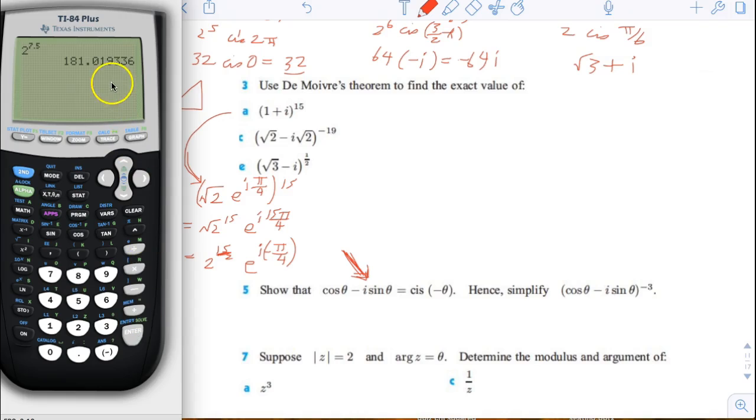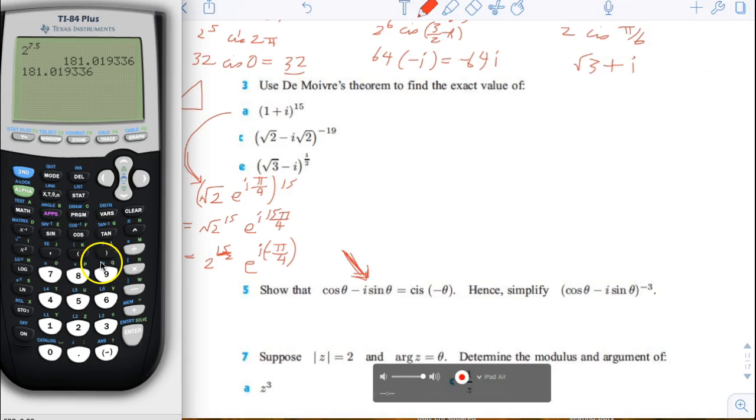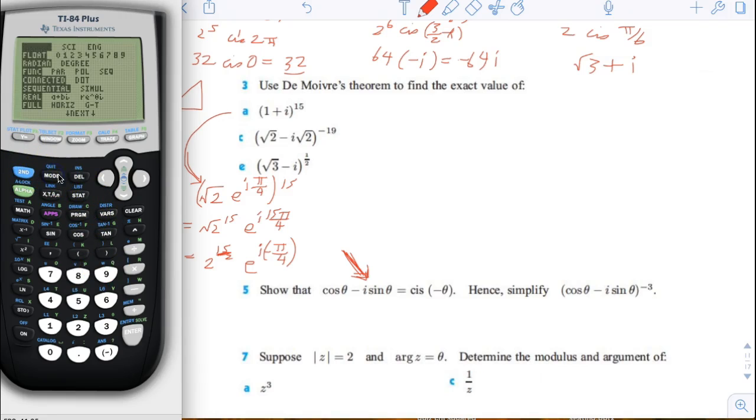And if I wanted to see what this looks like with that argument, I need to make sure I go in here and change it to a plus bi mode.